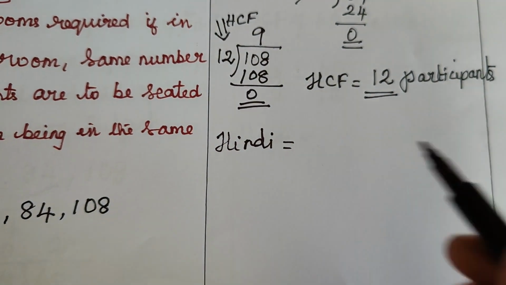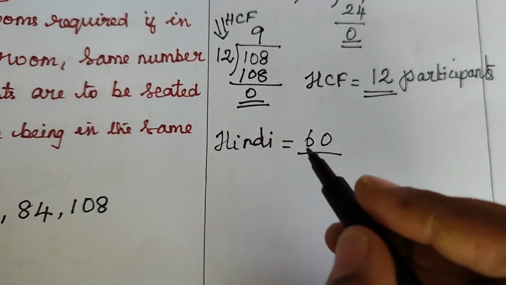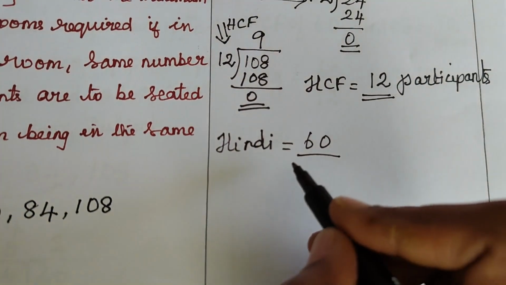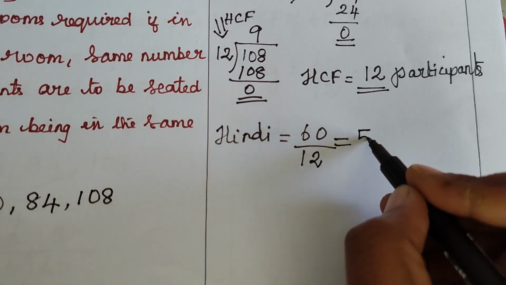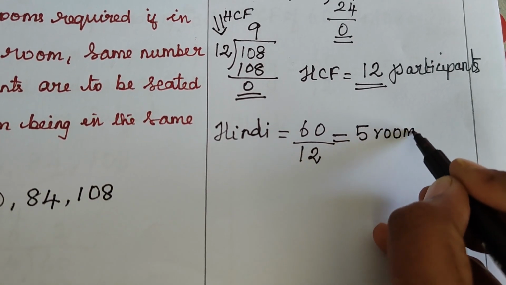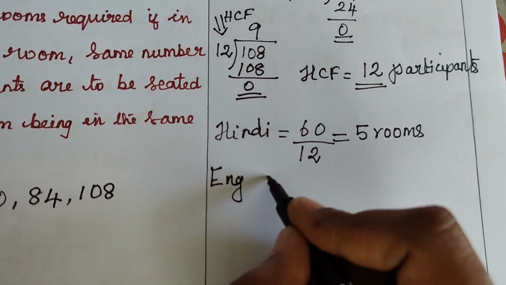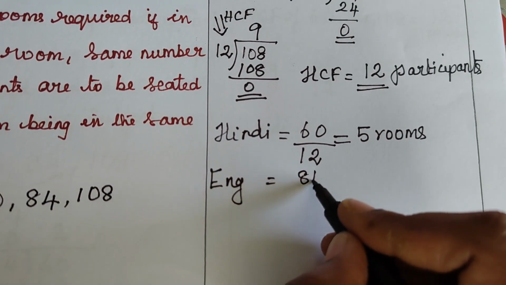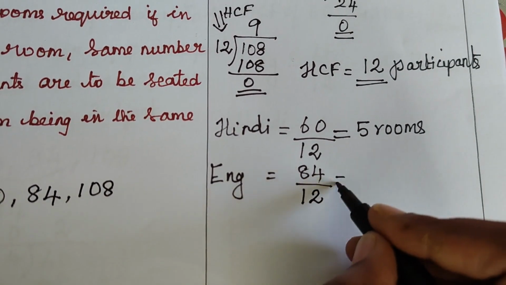Subject Hindi. Number of participants 60 divided by number of participants in each room 12. So the Hindi subject requires 5 rooms. And next, subject English. The number of participants is 84 and in each room 12 participants are seated.